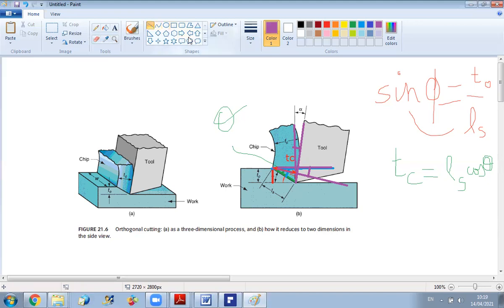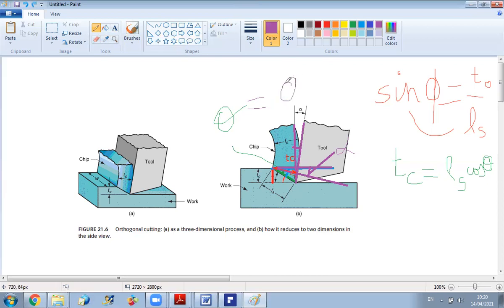So the angle here is alpha. Then you can deduce that theta is simply the difference between the big angle phi and the small angle alpha. So theta is equal to phi minus alpha.